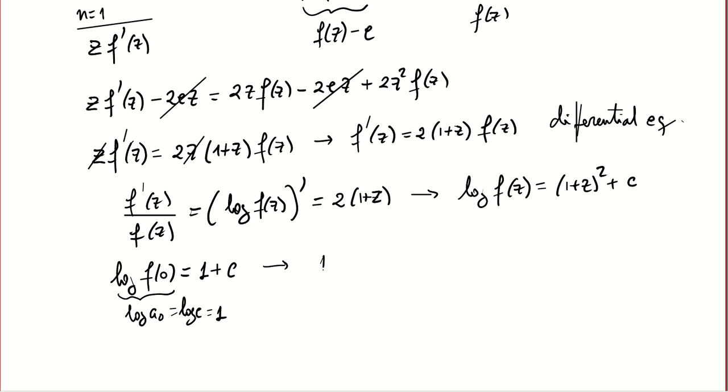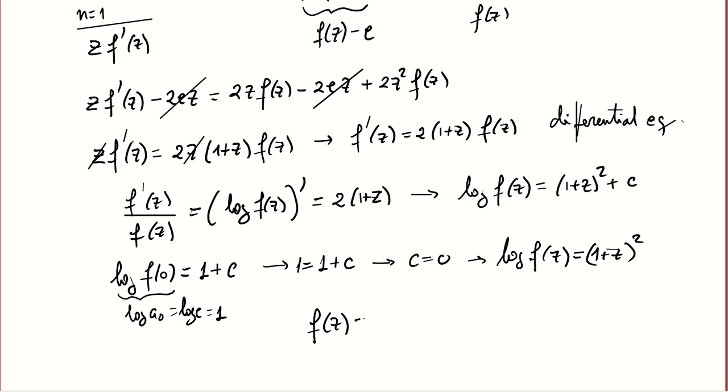So the equation we end up with is 1 is equal to 1 plus c, which makes c equal to 0. And then we have the logarithm of f equal to (1 plus z) squared, right? And eliminating f from here, taking exponentials, what we have is this.